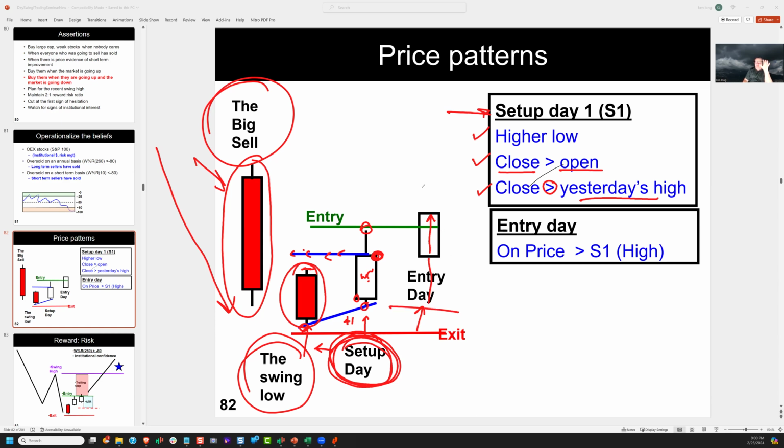So this is a live bar, and you'll notice that that looks like a universal entry because it opened inside yesterday's candle, and then it took out yesterday's high, and then you get an entry on that day. Okay, so that's what it takes to find it, to set up, and then to have an entry.